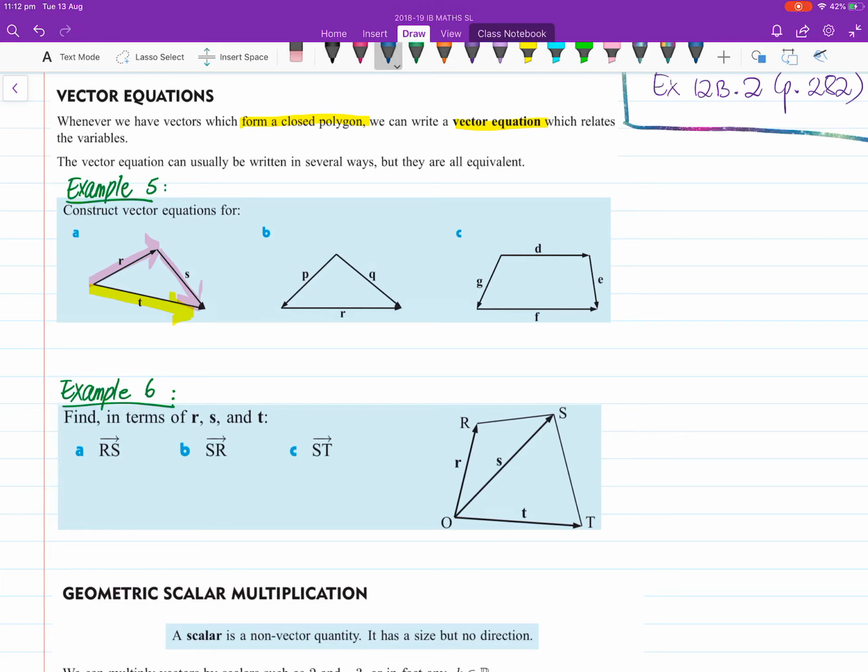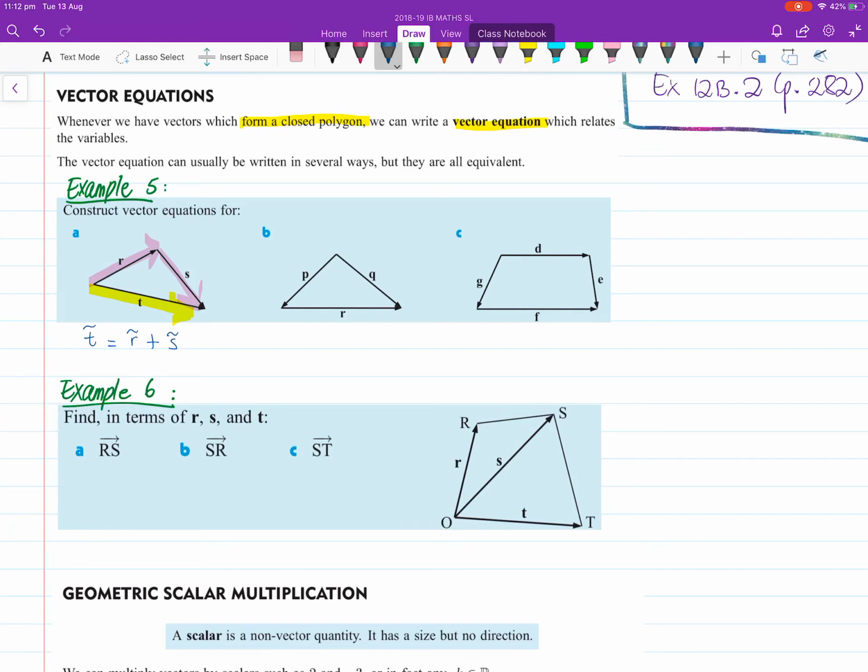So I would write this as vector T is equal to vector R plus vector S. Or you can write it with R plus S first, equals T. Same thing.